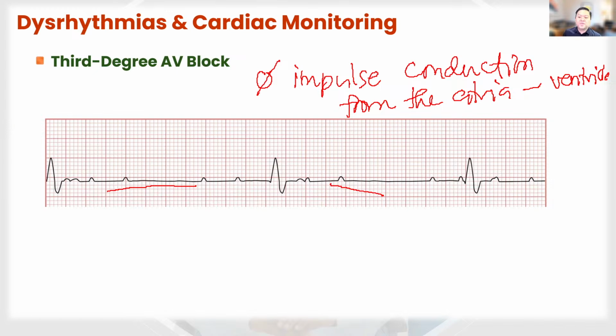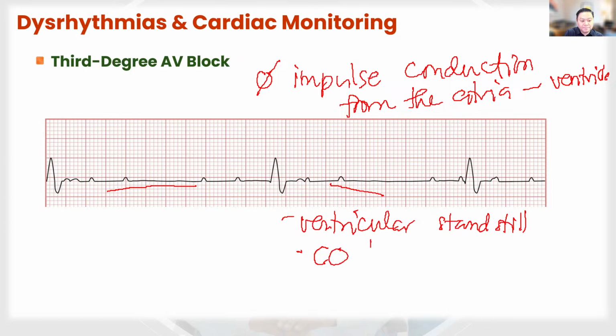And so with this kind of rhythm, the ventricular escape rhythms are becoming slower, less stable, and our patient here is at a higher risk of developing what we call a ventricular standstill, and also decreased cardiac output. Their cardiac output rather is severely affected. Now, what could possibly cause the third-degree heart block?